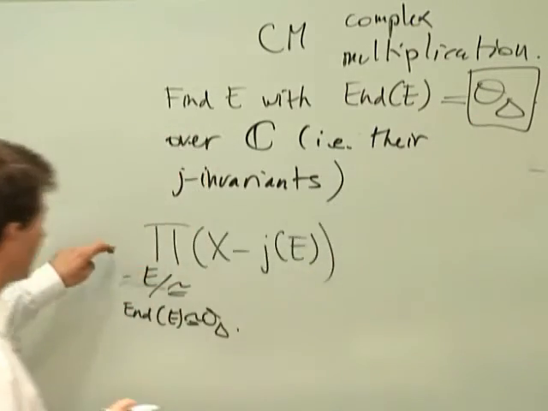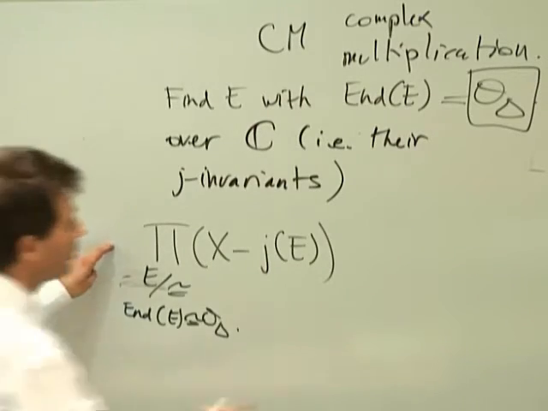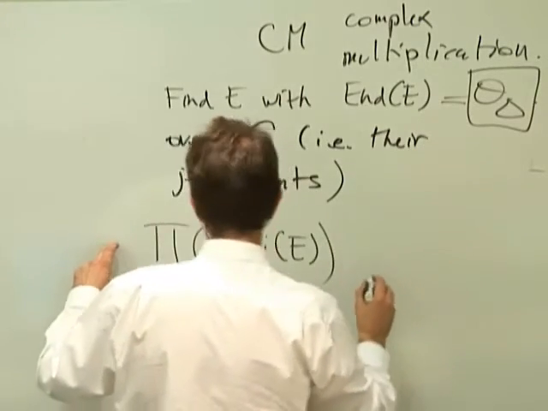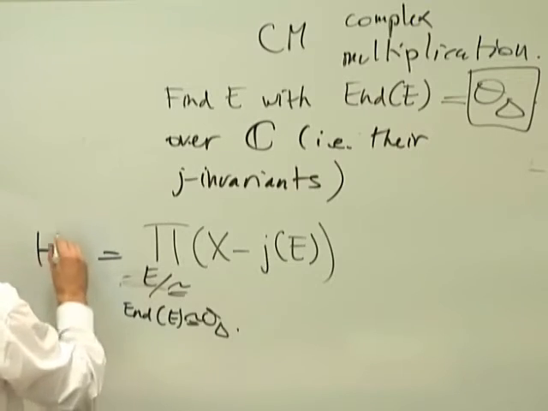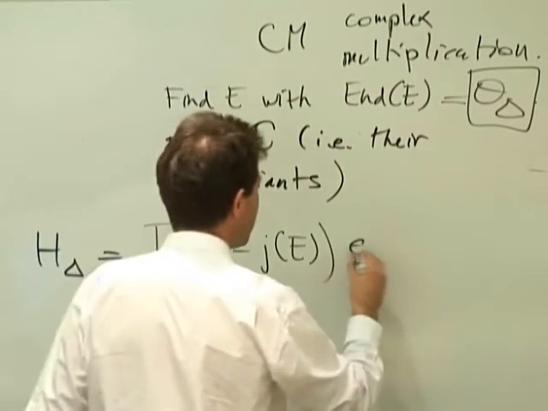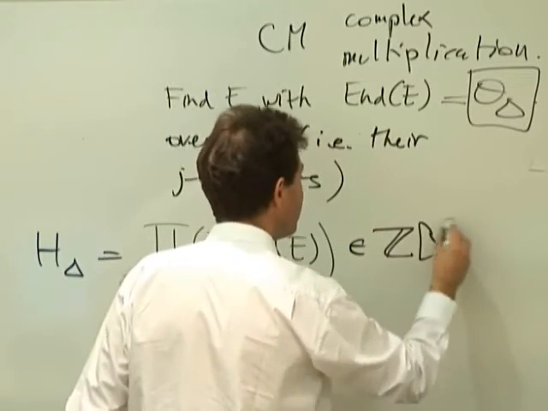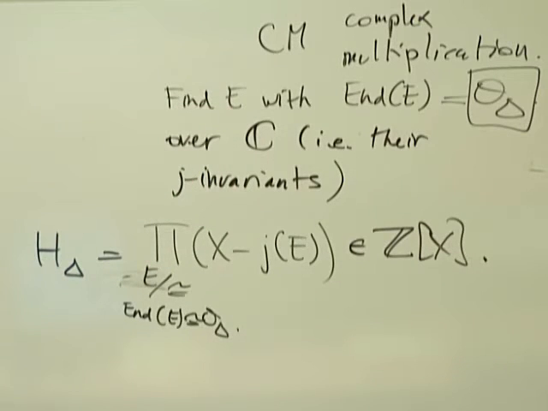It's called the class polynomial, the Hilbert class polynomial of the order O delta. Let me call it H delta. It will be a polynomial in Z[x]. That's the algebraic property of the whole thing.